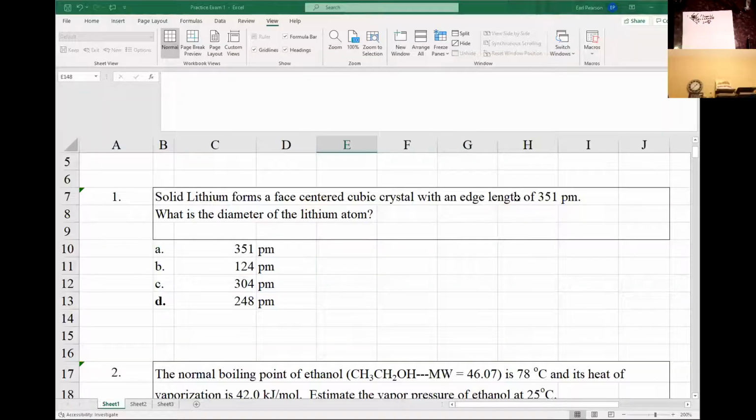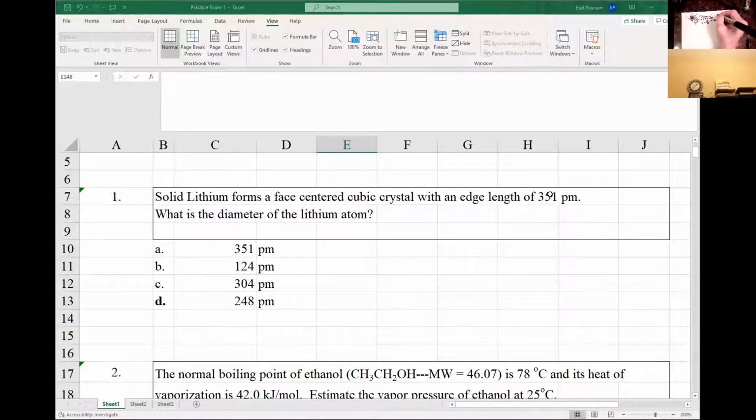I need to go back and take a look at the problem for a moment. And it said the edge length is 351. So this value of L is 351 picometers. Now, since the answer is given in picometers, I can do this solution.